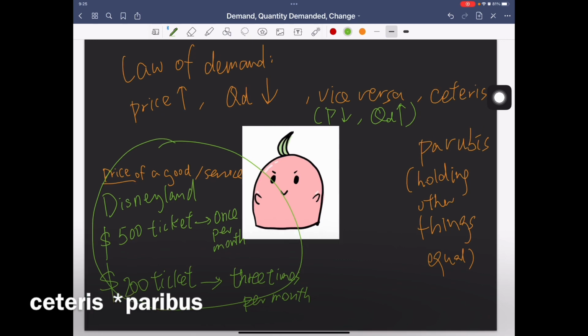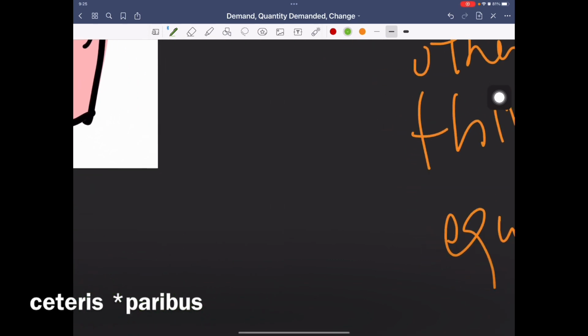Other than that, the law of demand can be applied to other aspects. Let's list another example. Let's talk about the cost here.